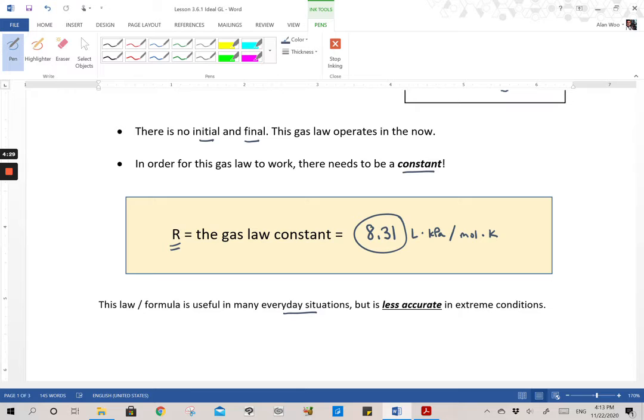If we wanted to look at the volume deep in the ocean, underneath a lot of pressure, that would also be an extreme condition. Most everyday conditions are fine with our ideal gas law. It's just those kinds of conditions where your pressure, volume, or temperature are in the extreme.